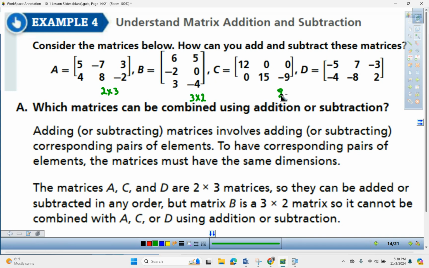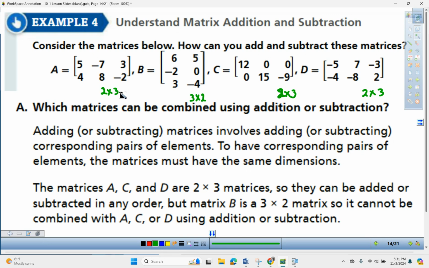Matrix C is 2 by 3. And then matrix D is 2 by 3. So if we're going to add and subtract, matrix A, C, and D could be added and subtracted. Matrix B cannot be added or subtracted to these other matrices that are provided.